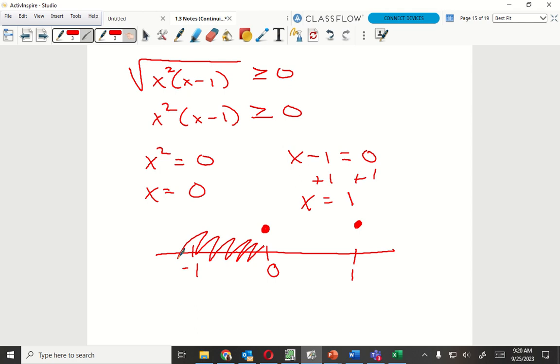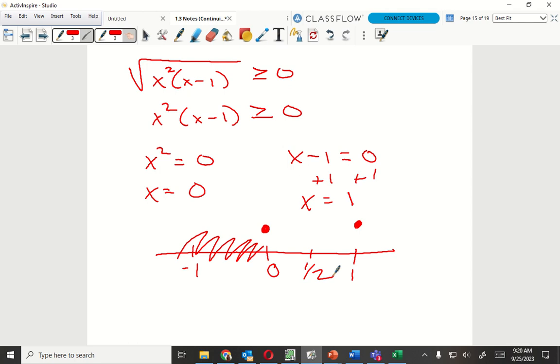Let's check something in between. All right, I've got two good dots right here. So let's see, 1/2 squared is 1/4. That's positive, right? So it's a positive number. That's important. And then 1/2 minus 1 is negative 1/2. Can I have a negative 1/2 inside my radical?